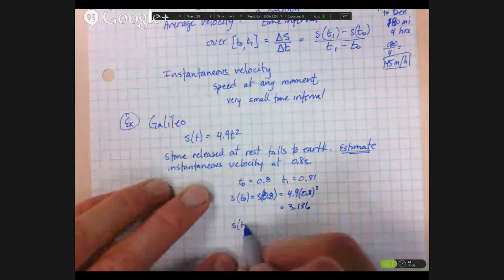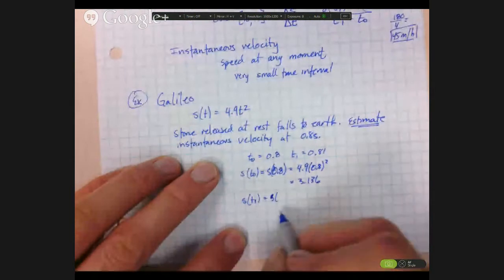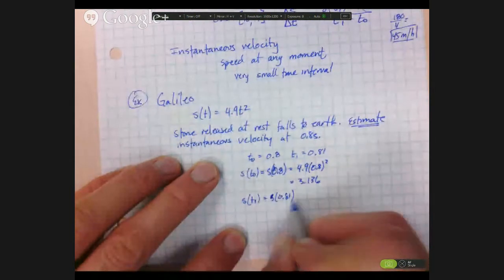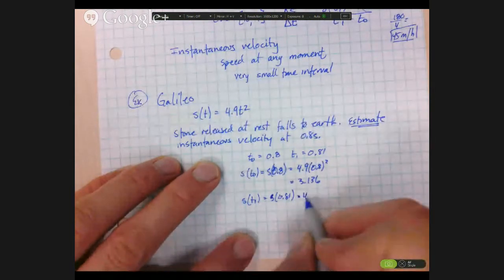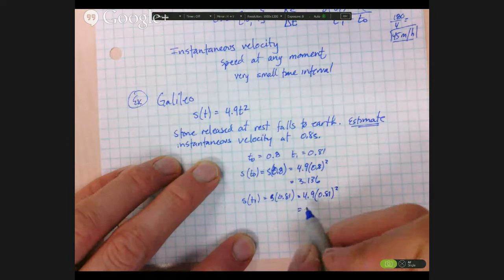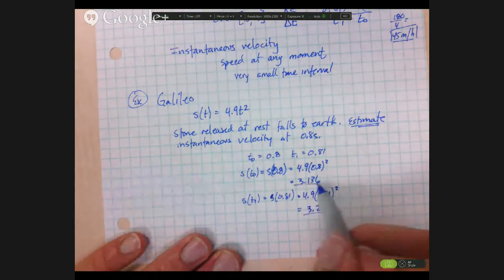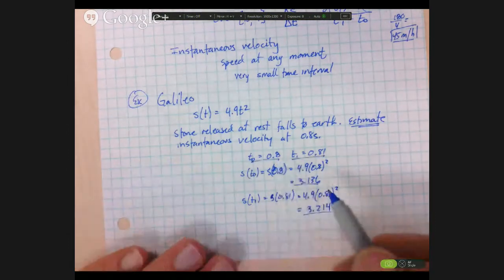Let's try T1, which is 0.81, which is 3.2149. Right, so we have all the numbers that we need to do our slope calculation.